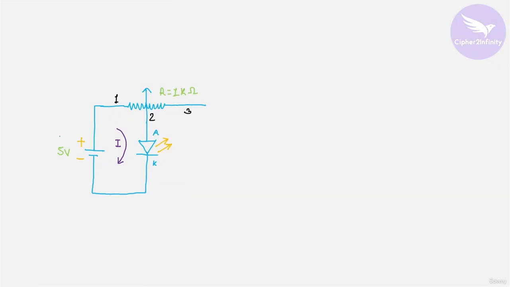Now let's try to understand the first purpose of the potentiometer, which is as a variable resistor, with the help of this circuit. In this circuit, I have provided a supply of 5 volt. Then I have used the potentiometer in variable resistor configuration, and after that there is one LED in the circuitry.